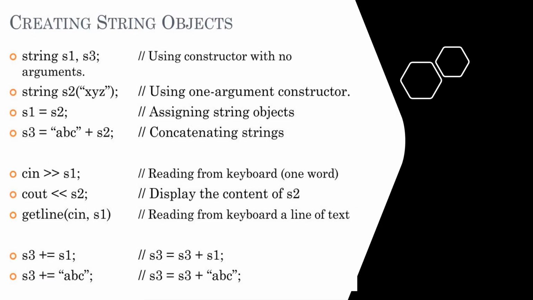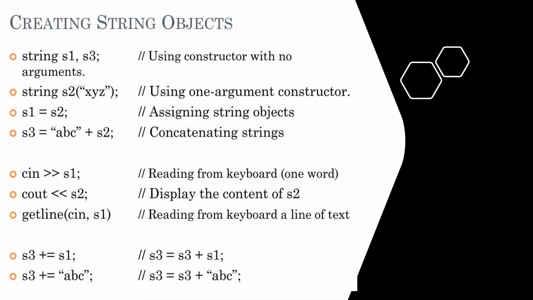Now we can see about creating a string object. How are we going to create the string object? It is created using a constructor with no argument, meaning we create it like string s1, s3, like this.